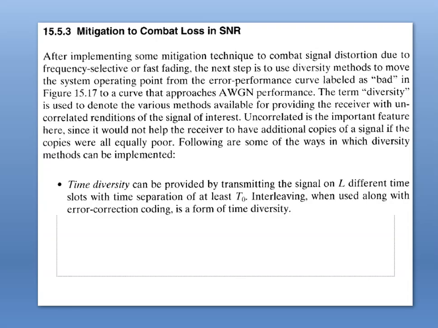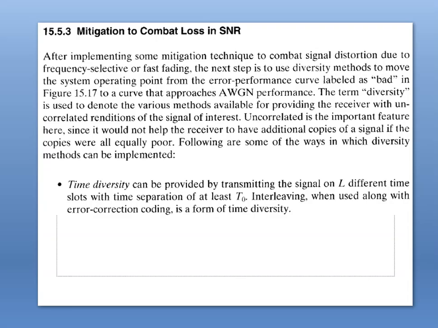In the first one, the diversity method based on time is called time diversity. Time diversity can be provided by transmitting a signal on L different time slots with a time separation of at least T naught.